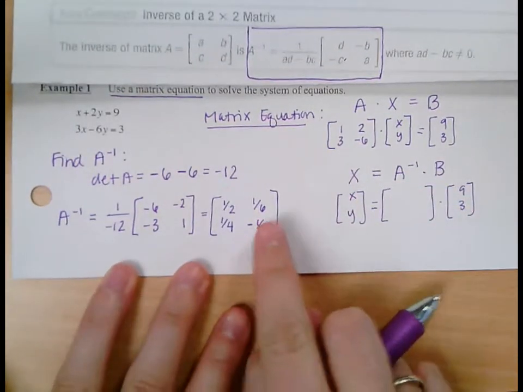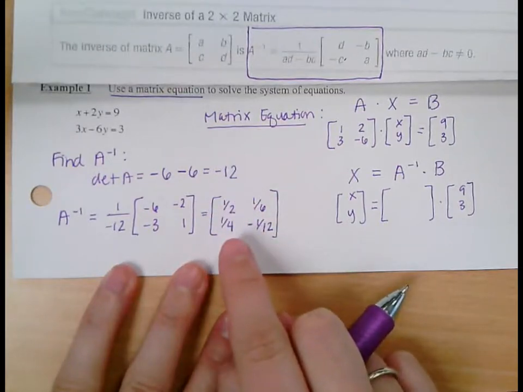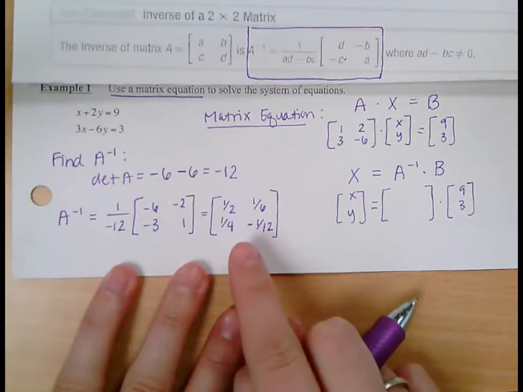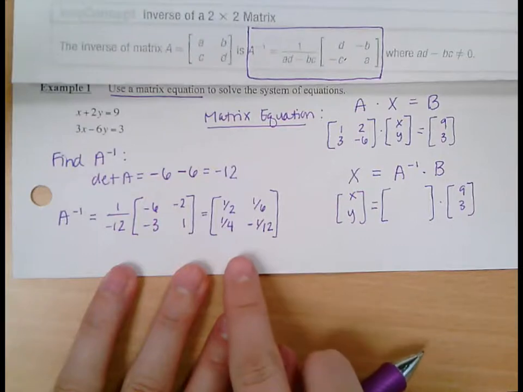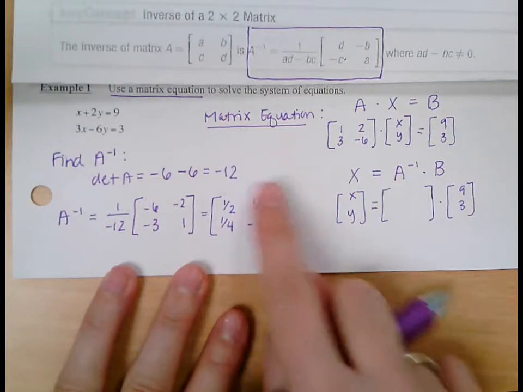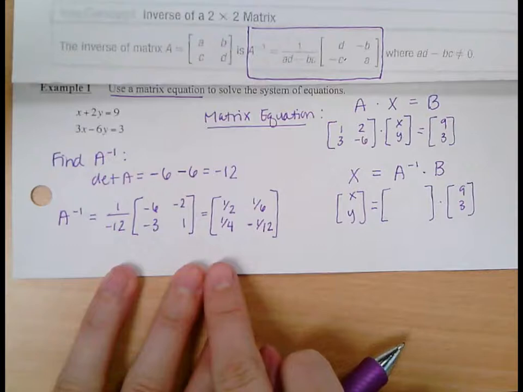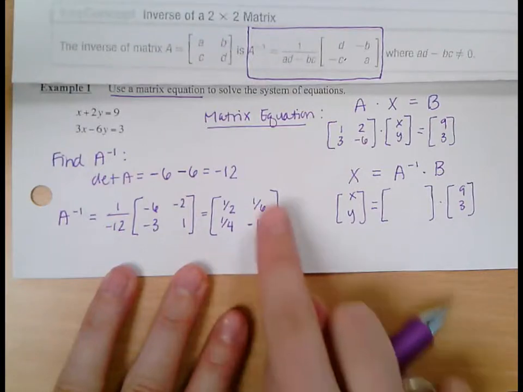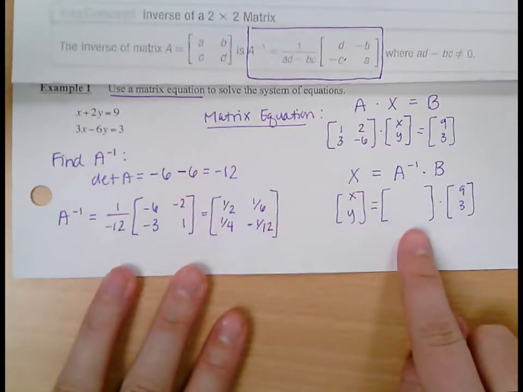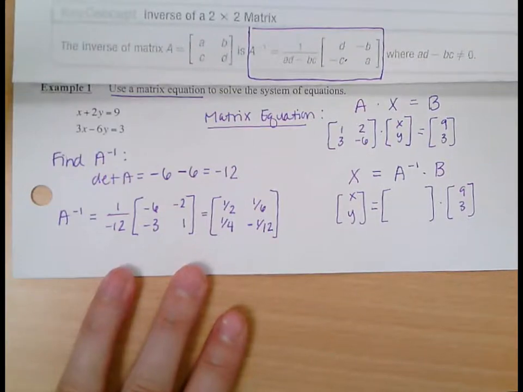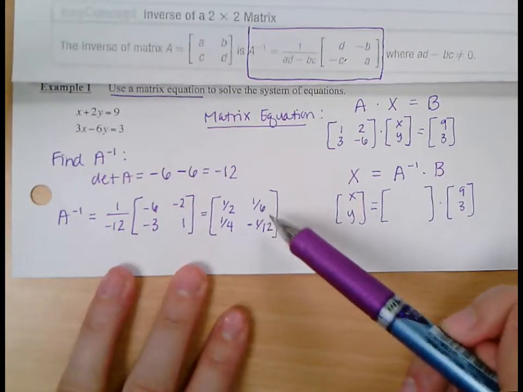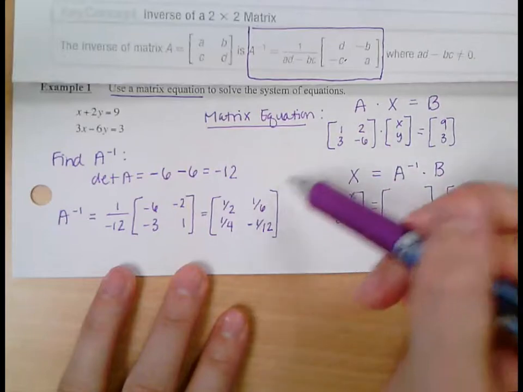And really, in this matrix, if you didn't have the fraction simplified, that's okay. If I just wanted the inverse as your answer, you should simplify it. But if you don't simplify it to then use it in the problem, ultimately the final answer is what should be simplified. So this matrix is A inverse.